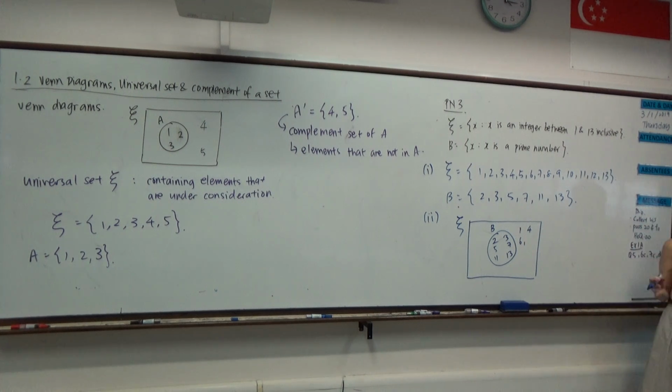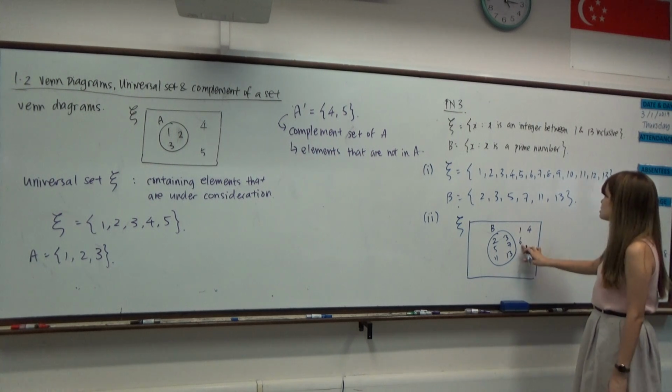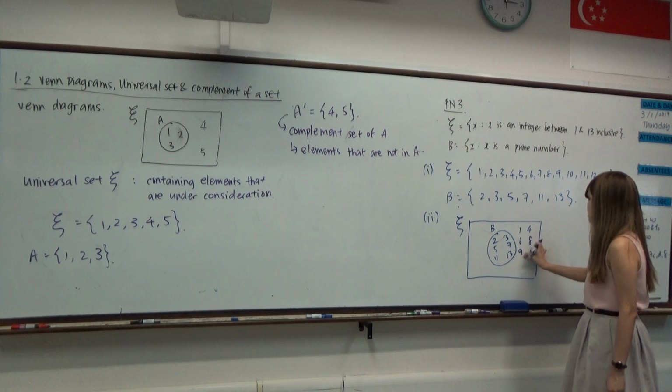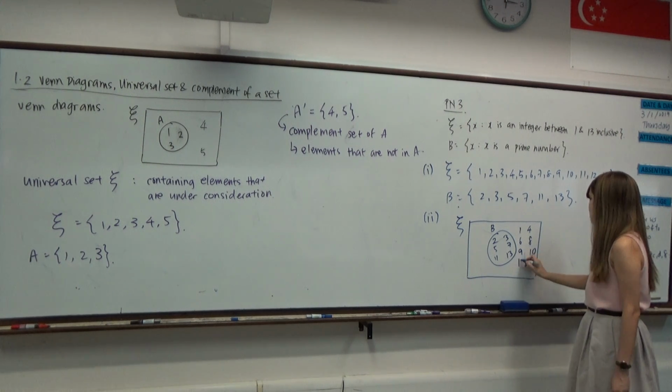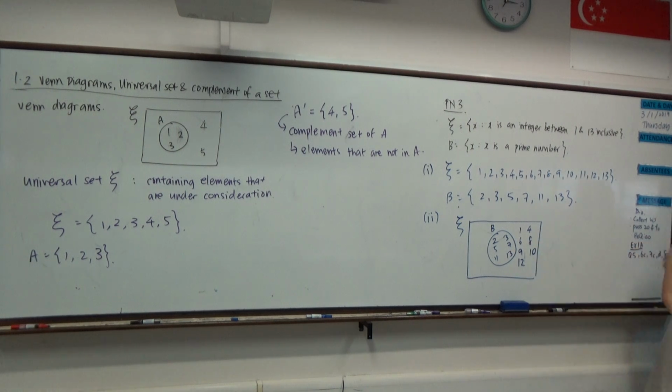B must be part of the universal set. 1, 4, 6. Make a point to count your elements to make sure that they are all accounted for.